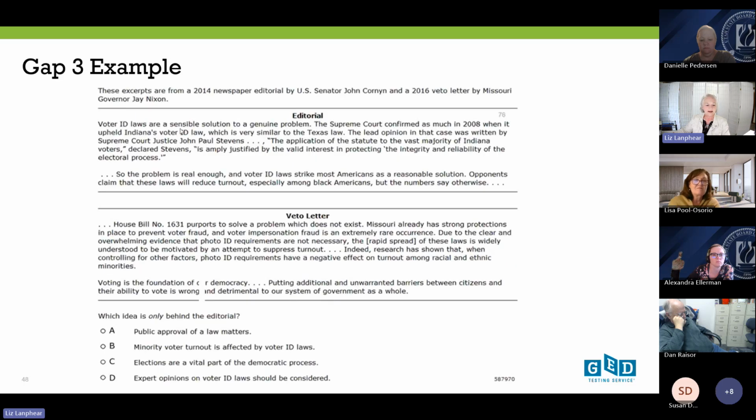So another example, and I won't make you read through these, but you would have them read the editorial and read the veto letter. And here's a strategy that I always used, and I'm just going to tell you a little bit about myself: I'm mildly dyslexic. And I didn't know that until I was an adult, actually. I was working on a research study for reading disabilities, and I'm like, huh, that's me.